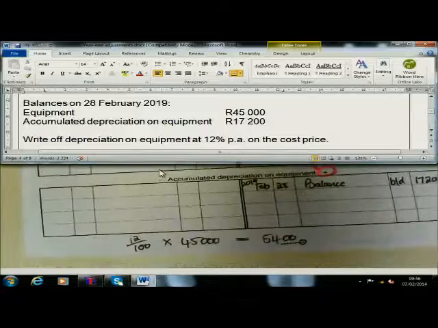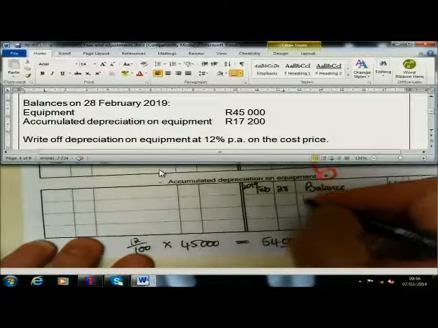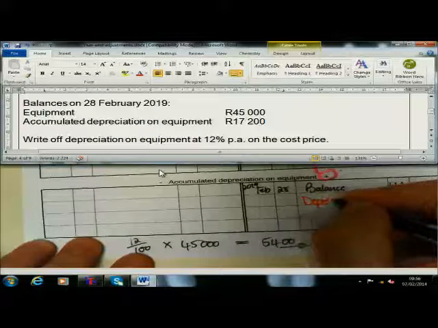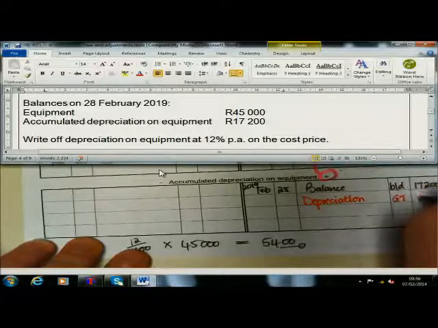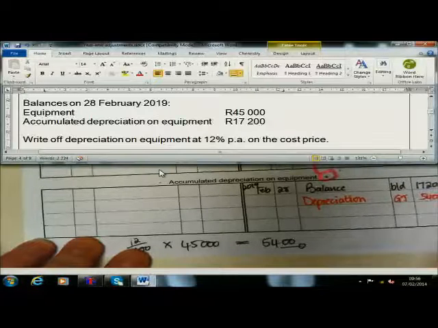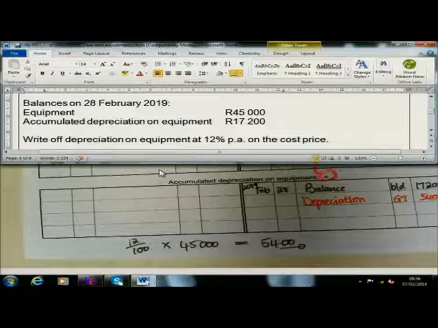Now you go to the credit side of accumulated depreciation, and you put there depreciation of 5,400 rand, and that gives you a total by the end of the day, or the end of the year, of 22,600.